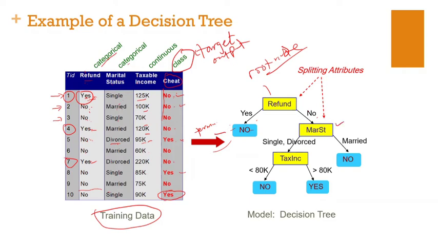In marital status, you have single, married, single, married, divorce, and so on. Now, one heuristic can be used here, because we don't want to break it into three. Usually we go two by two at this point.